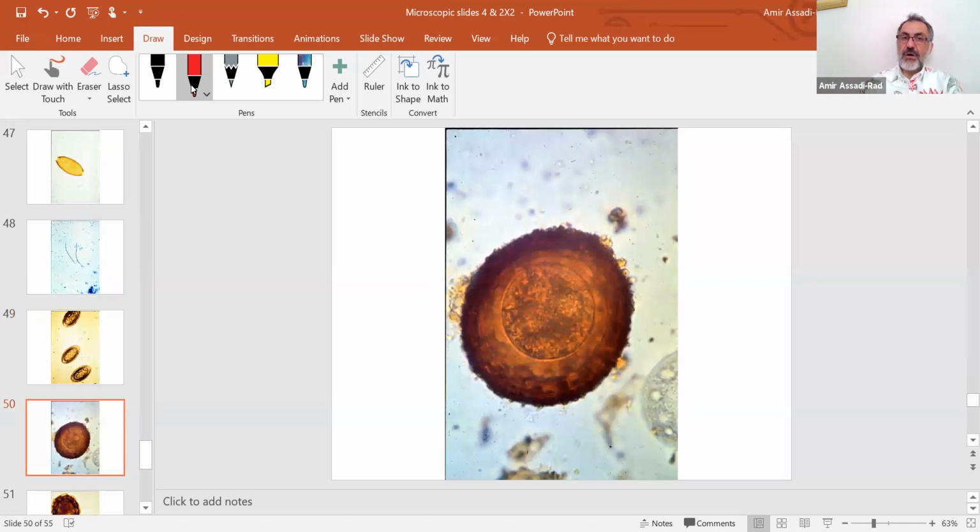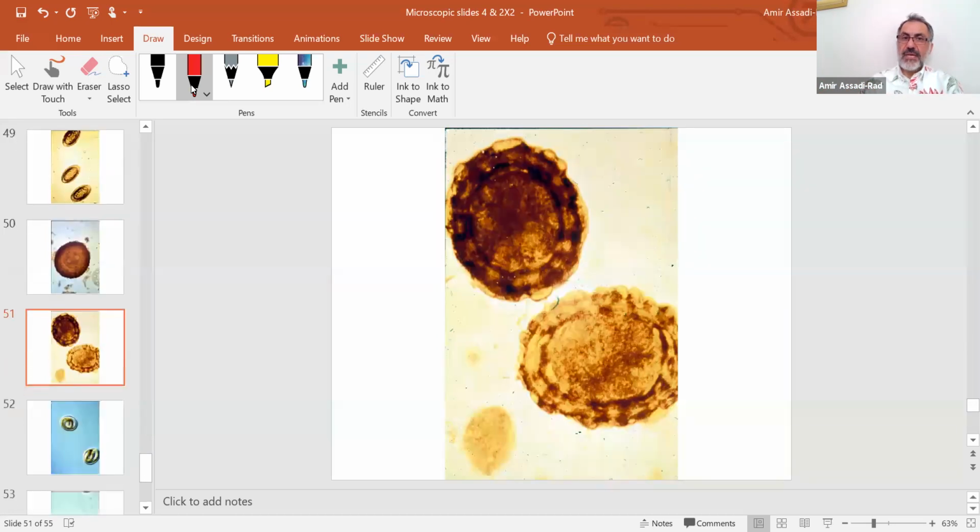These are the eggs of the horse roundworm, Parascaris equorum. These are Ascaris eggs, or also lobed. As you can see, the eggs have lobes, and they can stay in the environment for a long time. Or Ascaris lumbricoides.